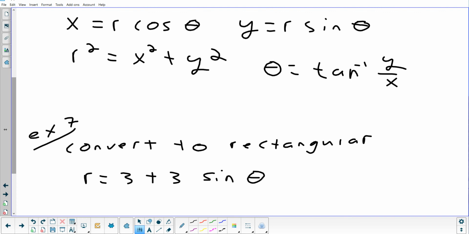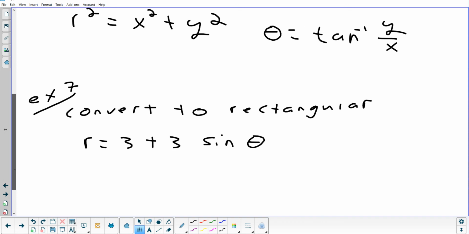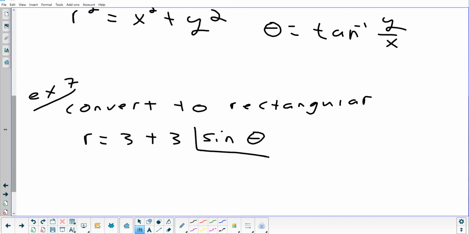That means when you're done, no r's, no thetas, no sines, no cosines. All you're allowed to have is x's and y's. Let's start with sine theta. If I see a trig function and I know I'm trying to convert to rectangular, I try to get rid of that one first. We scroll back up.